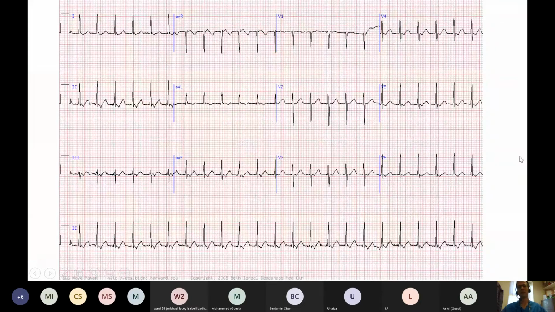So moving on, what do you make of this narrow complex tachycardia?